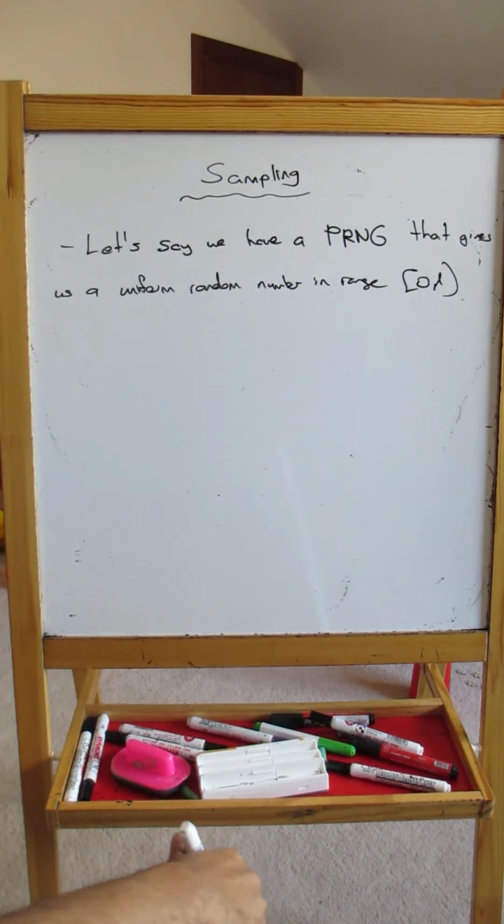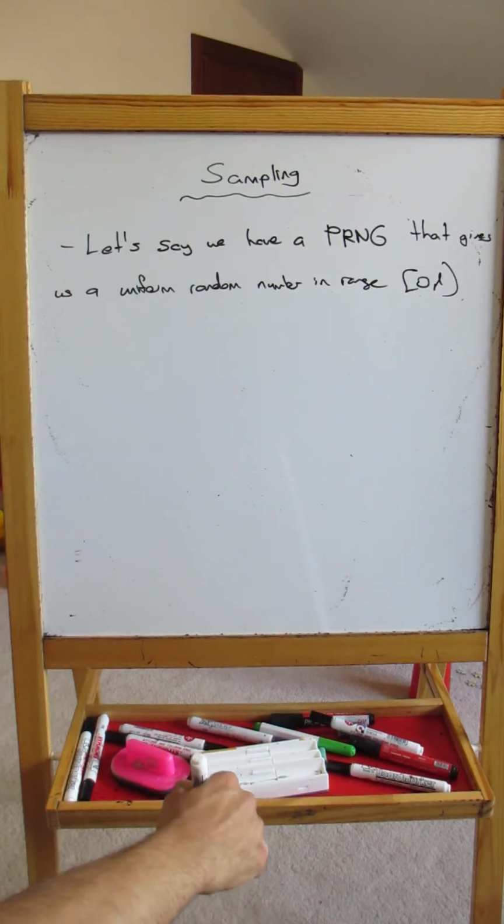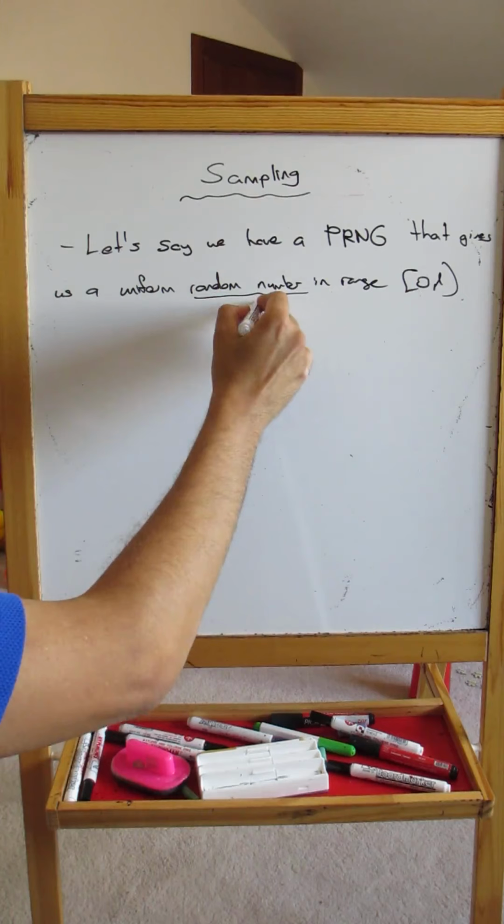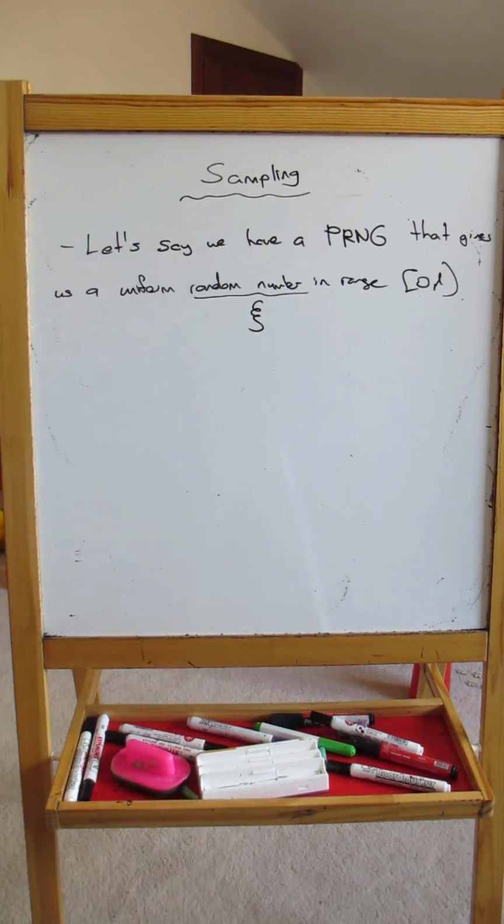Okay. Now, let's call this uniform random number chi. So let's say this is the chi symbol.